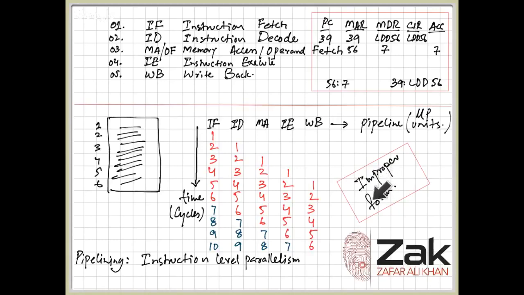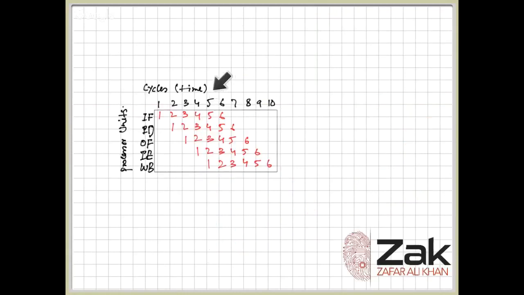So this is an improper form of showing it. So this is one cycle. Let's see how. This is the improper form. This is the proper form. How many cycles does it take to execute a program having 6 instructions in a pipeline having 5 parts?